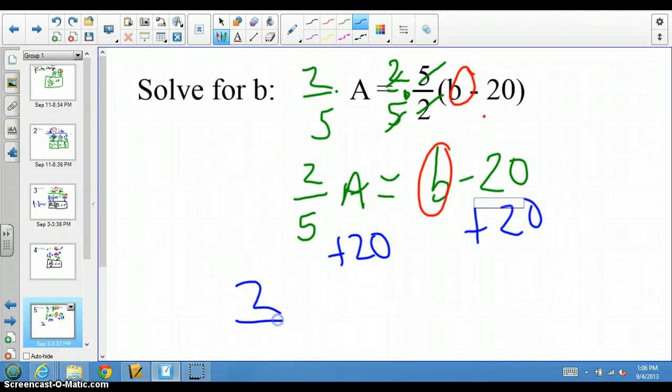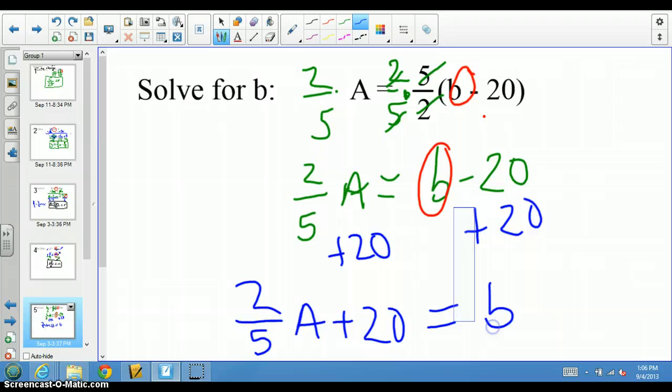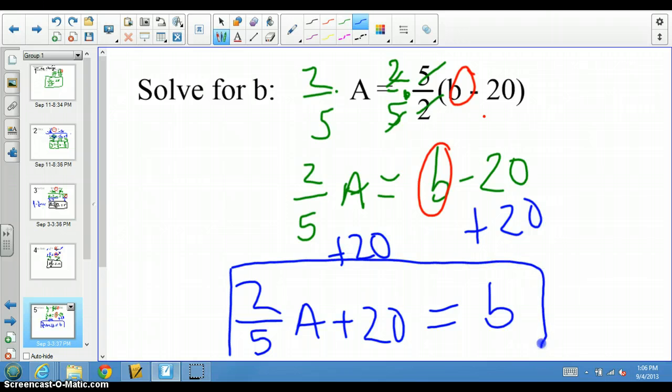So I have 2/5 a plus 20 equals b. So instead of distributing, I did the opposite of distribution and divided, but that's actually multiplying by the reciprocal. Then I had to add 20 to both sides.